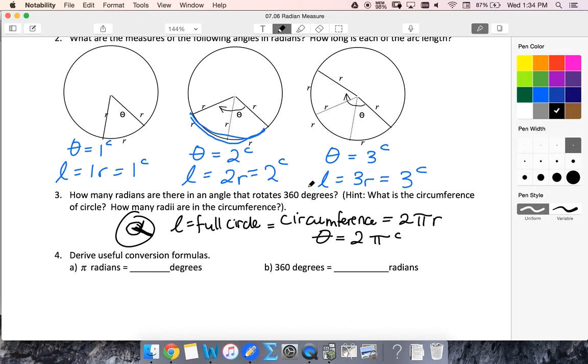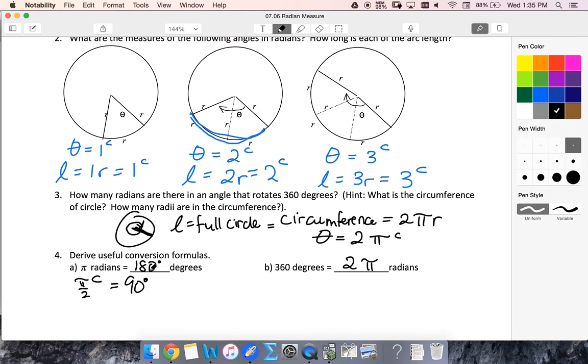All right, so here's my radians. 2 pi radians is the same as 360 degrees. Divide both sides by 2. Pi radians is 180 degrees. Continuing to divide, if I went with pi over 2, divide both sides by 2, pi over 2 radians is 90 degrees.